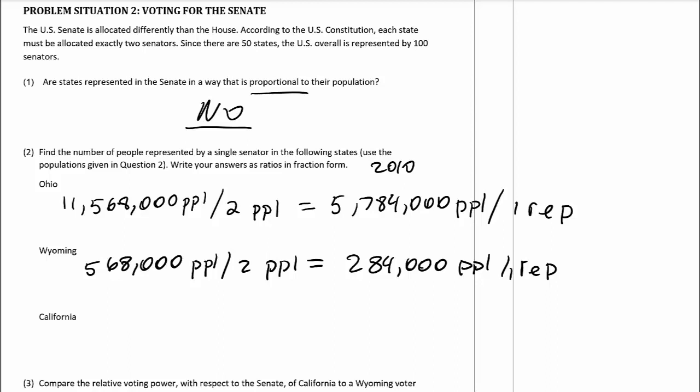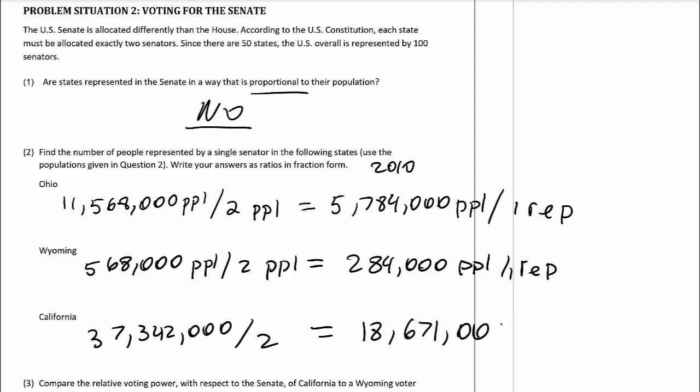California is the largest state, so it's going to have the highest rate per senator. If you take 37,342,000 and divide it by 2, you get 18,671,000 people represented by one senator.